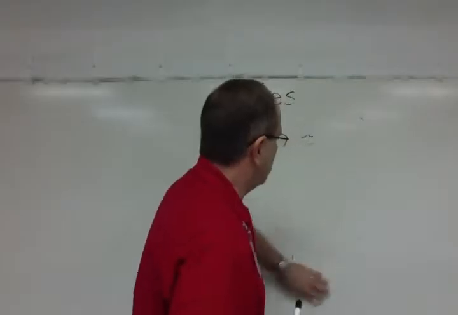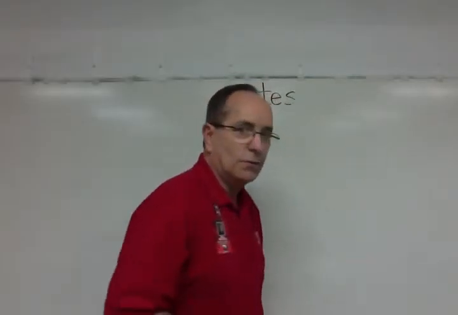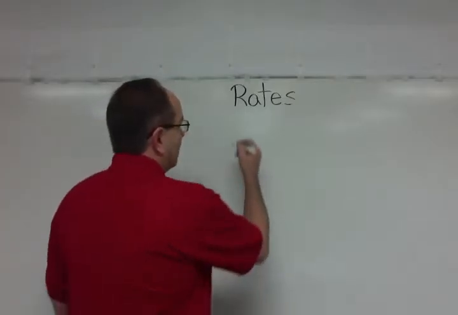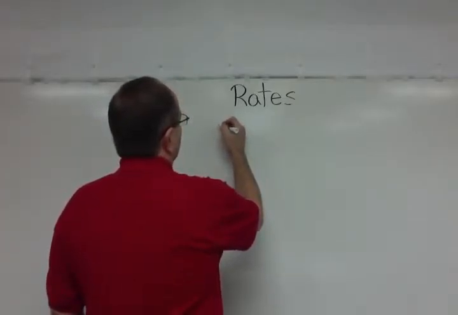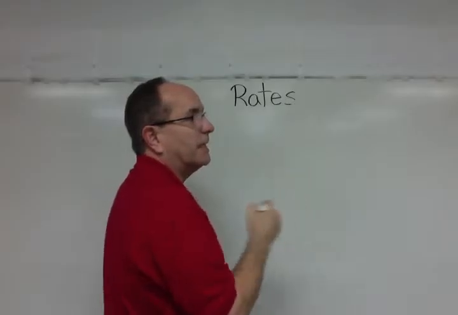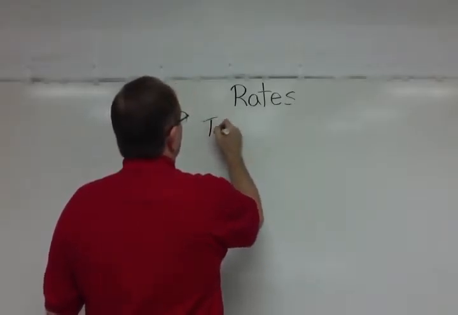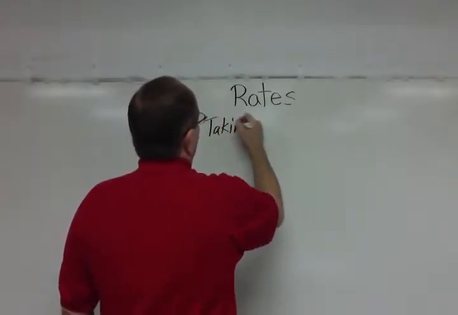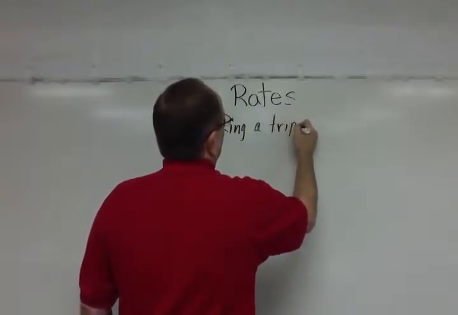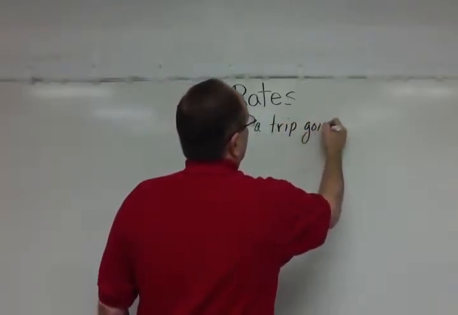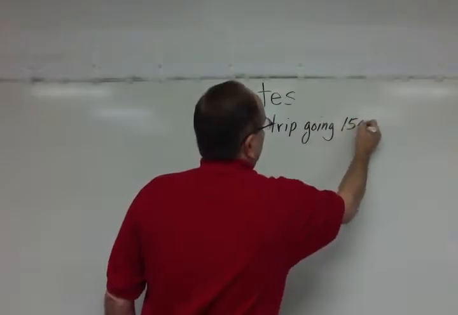This is a very common one for adults when they take trips and vacations. Let's say that I want to go on a trip that is 1,500 miles. So taking a trip going 1,500 miles.